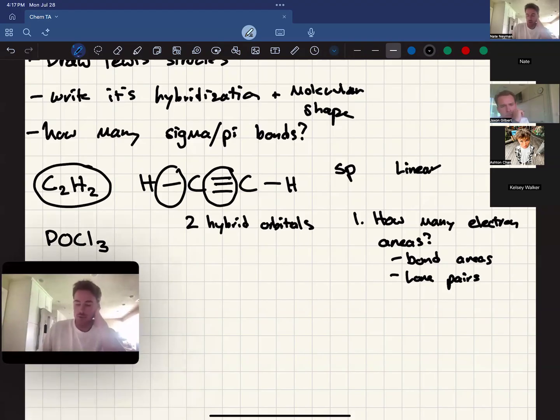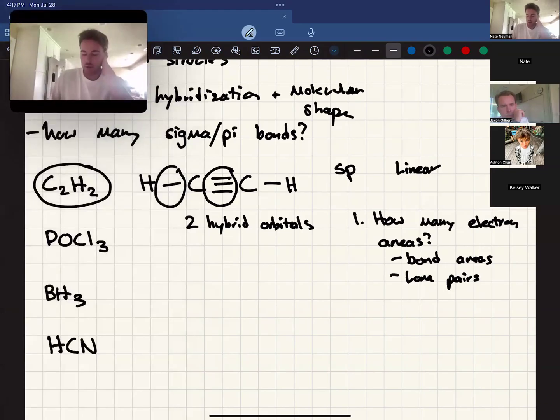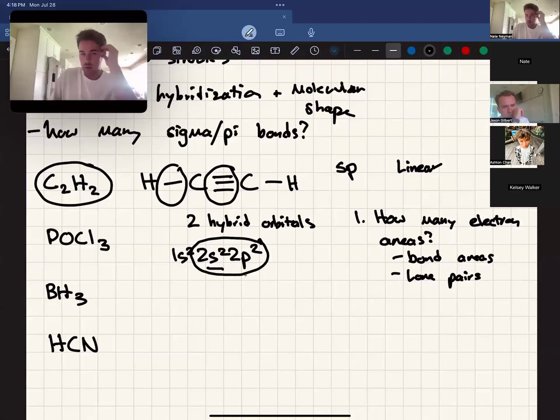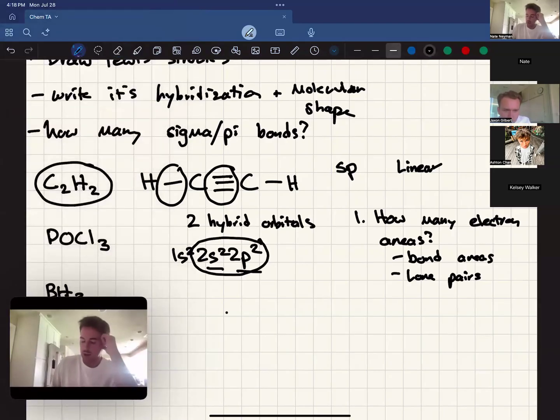I'll draw this out for you to explain what this looks like. For carbon, let's look at its electron configuration: 1s2, 2s2, 2p2. These are its valence electrons, because it's the second shell. There's two electrons in an s orbital, two electrons in a p orbital. If you draw the box notation, we have 2s with one box and then 2p with three boxes.